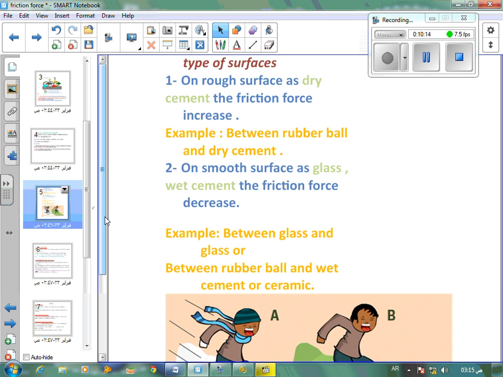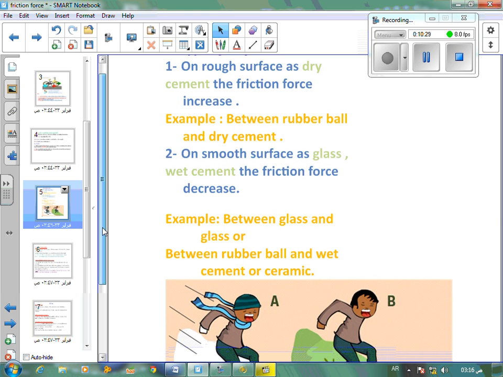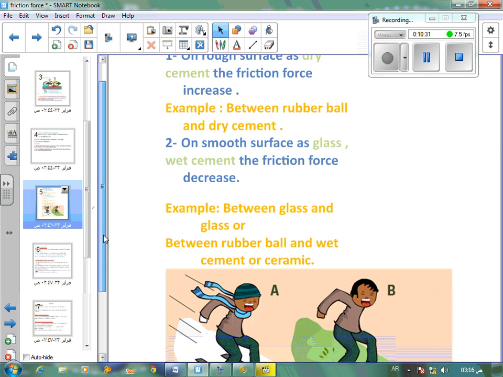From that we found that there are types of surfaces that decrease the friction force and increase the friction force. On rough surfaces such as dry cement, the friction force increases, for example between a rubber ball and dry cement.